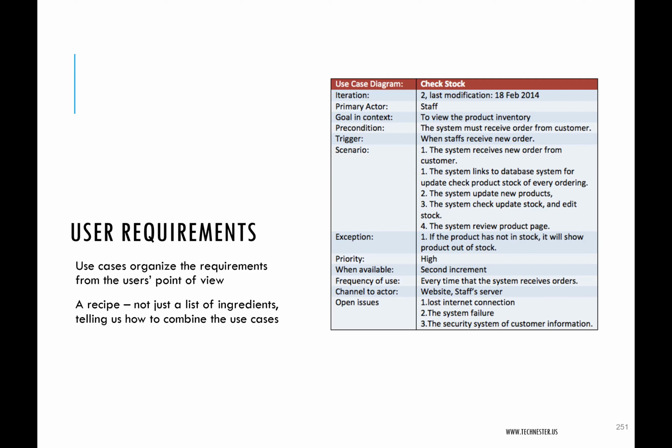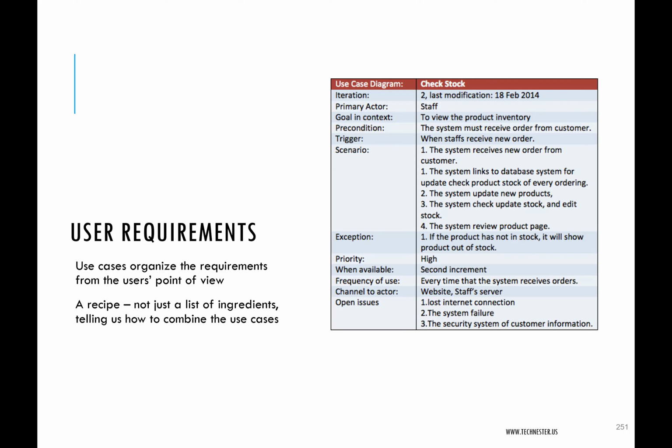Okay. So a use case is a recipe telling us how we would make something, how we would make the system. Each of those components tells us how the system will be prepared.